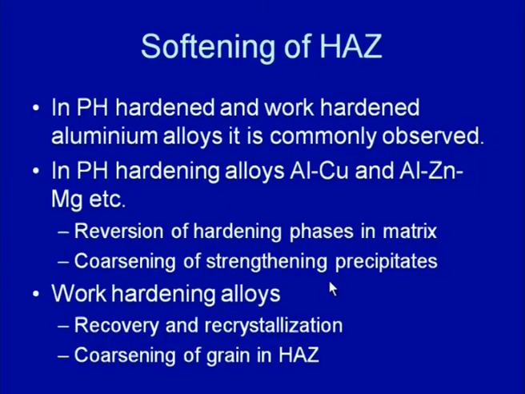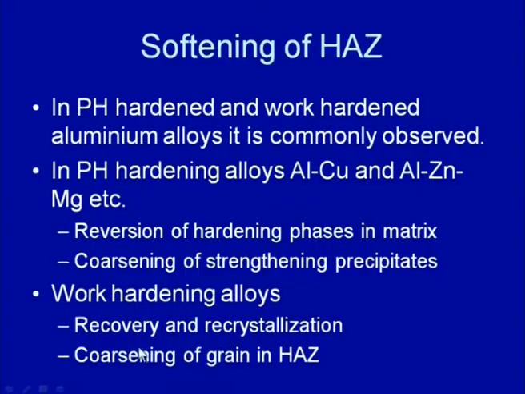Apart from the reversion, the hardening precipitates also tend to coarsen due to the overexposure of the heat affected zone to the weld thermal cycle, or the heat which is being applied during the welding. So, coarsening of the precipitates also decreases the hardness of the aluminum alloys, especially in the heat affected zone. The work hardening aluminum alloys are also subjected to softening because of recovery and recrystallization effects.